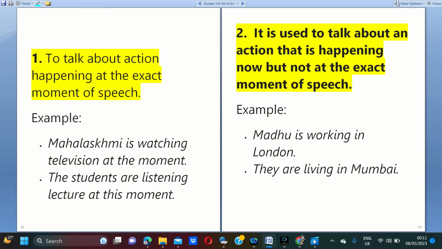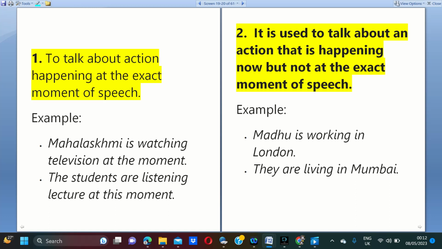See, I'm here only. Mahalakshmi and I, we both are wife and husband. We both stay at one place. She is watching movie. She is watching television.